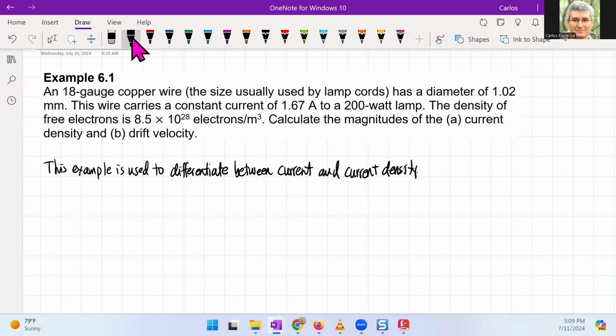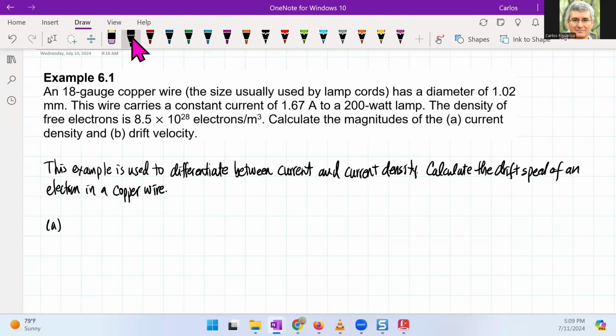In addition, we also want to calculate the drift speed of an electron in a copper wire. So let's start by calculating the current density. So A is about current density.